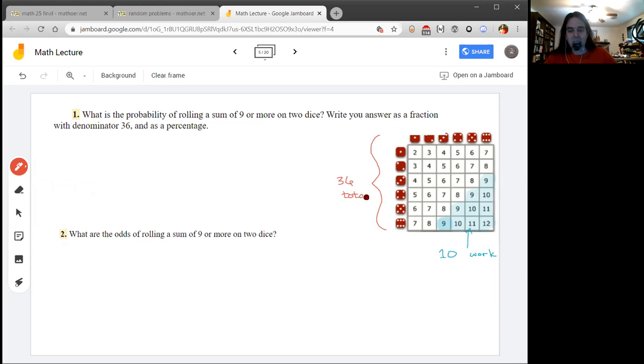And for the ones I didn't highlight at first, that would be 36 minus 10 is 26 that don't work. I called these desired and undesired in the other lecture. Everyone okay just with my counting? Yes.